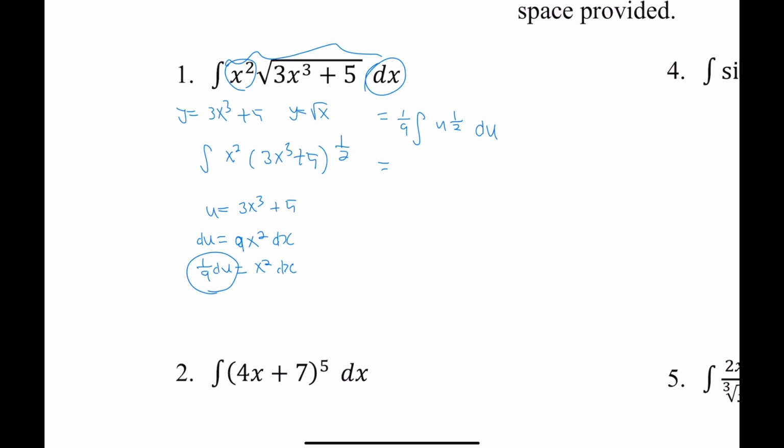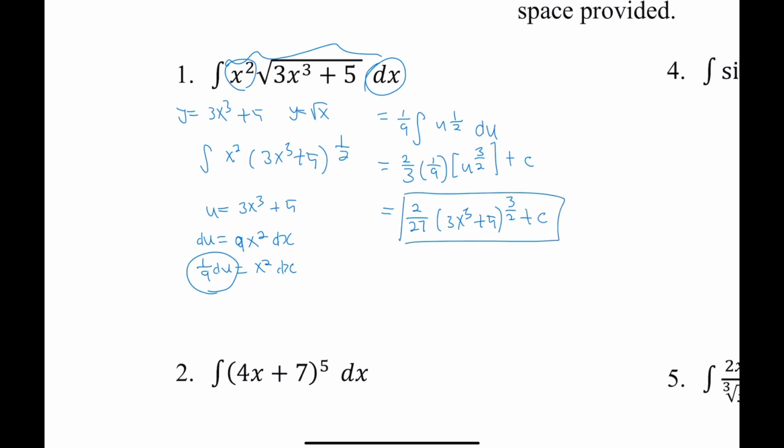Reciprocal is 2/3, so 2/3 times 1/9 times u to the 3/2, plus c, right? So we got 2/27 times (3x to the third plus 5) to the power of 3/2 plus c. So that would be our answer.